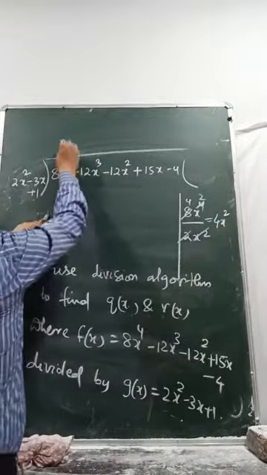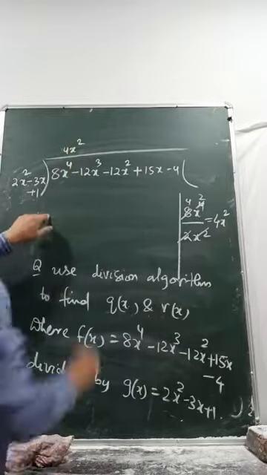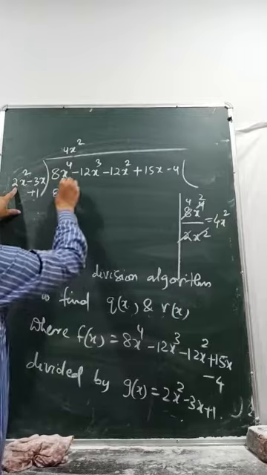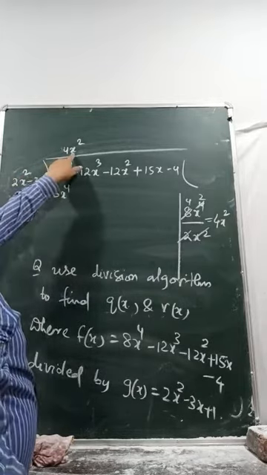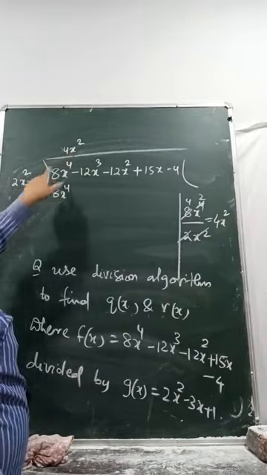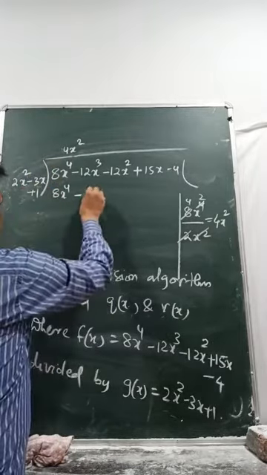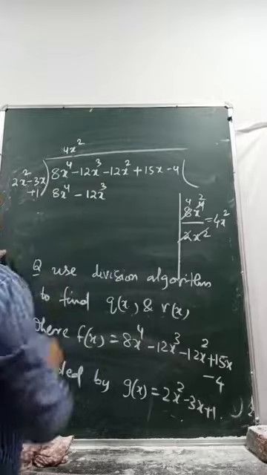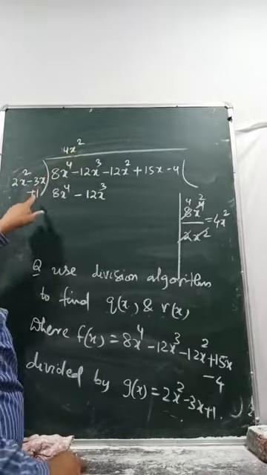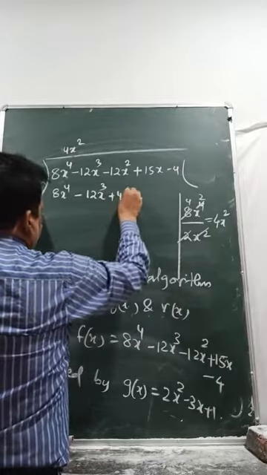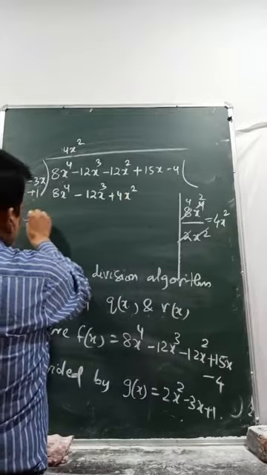So I have to put 4x square here. Now 4x square times 2x square is 8x fourth, 4x square times minus 3x is minus 12x cube, and 4x square times 1 is plus 4x square. Now I have to subtract.